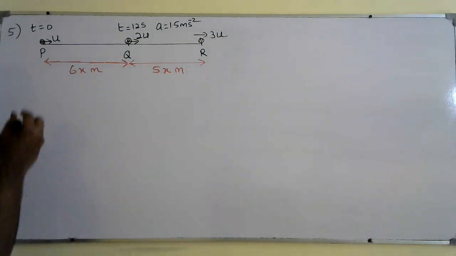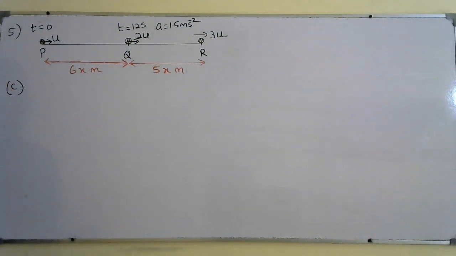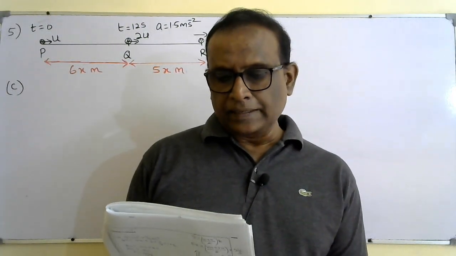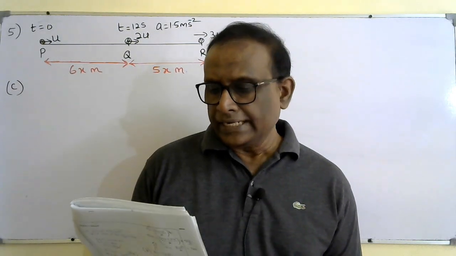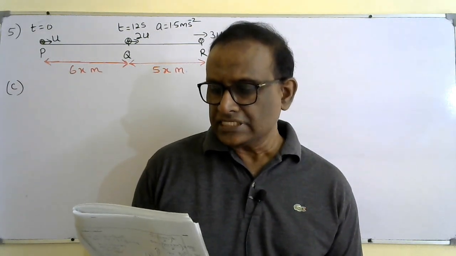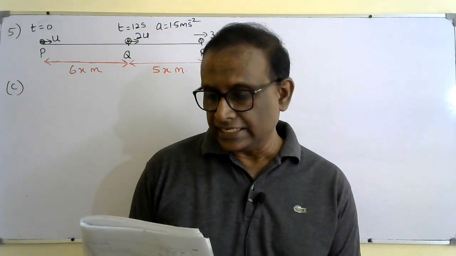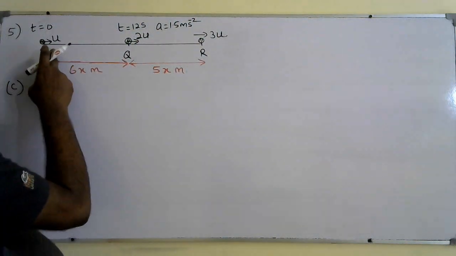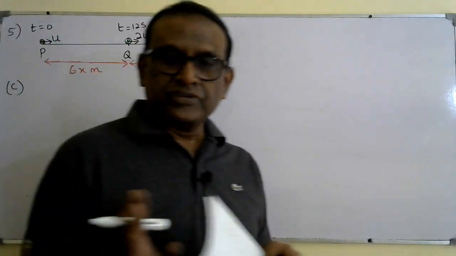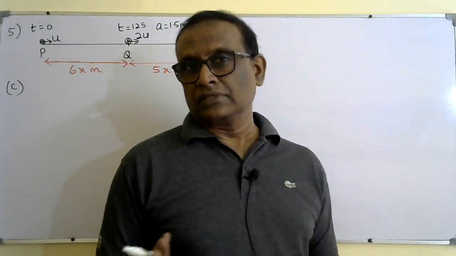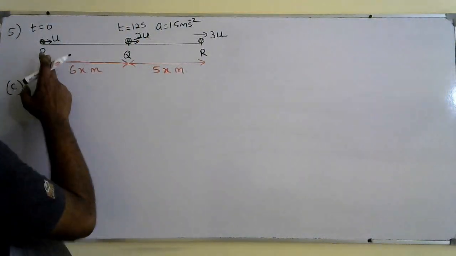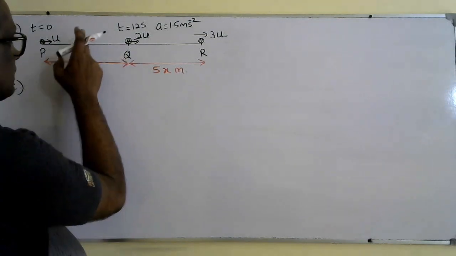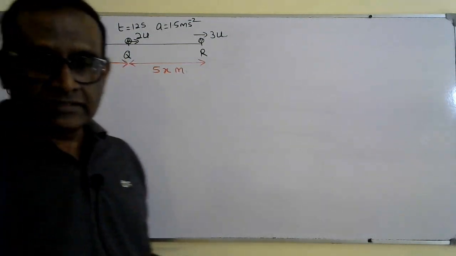Okay, now part C, question number 5. Find the distance traveled by the vehicle during the first 14 seconds after passing P. Careful, because 14 seconds means up to 12 seconds, the first 12 seconds after passing P, it has one acceleration.